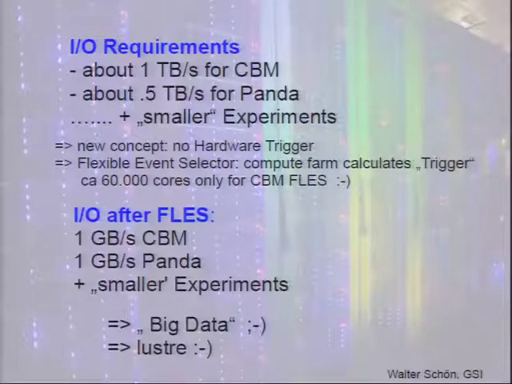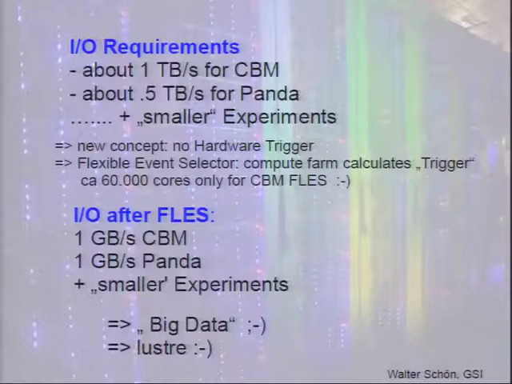Traditionally, in the past, this amount of data per second was handled by building so-called hardware triggers, which select the interesting events from this waste of data with hardware methods. The disadvantage of this approach is that there was no other choice, because you cannot deal with such an amount of data.